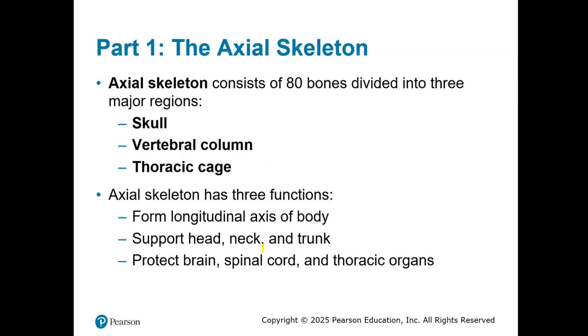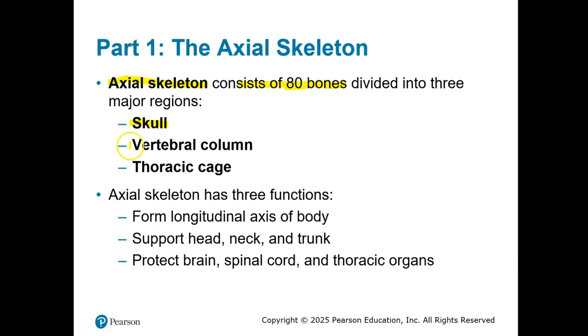Okay, the axial skeleton consists of 80 bones, and it's the skull, which includes the cranium and the cranial bones and the facial bones, and then the vertebral column or spine and the thoracic cage, which includes the ribs and the sternum.